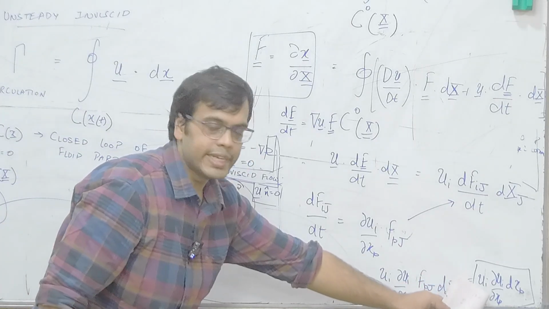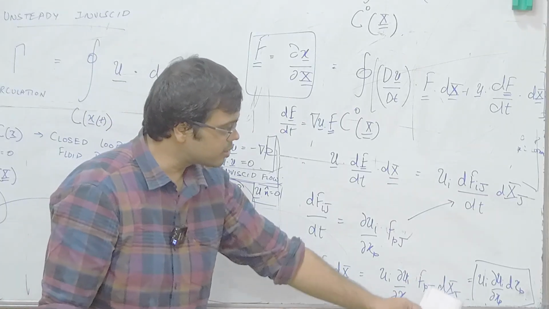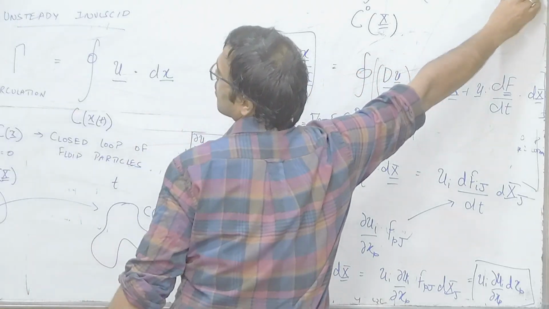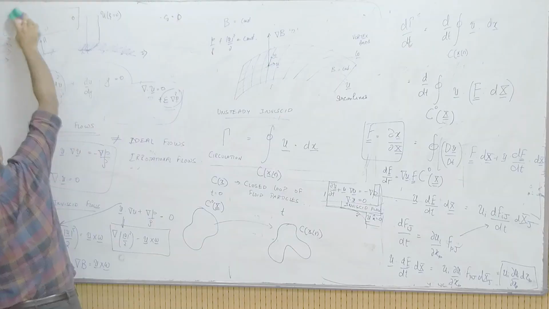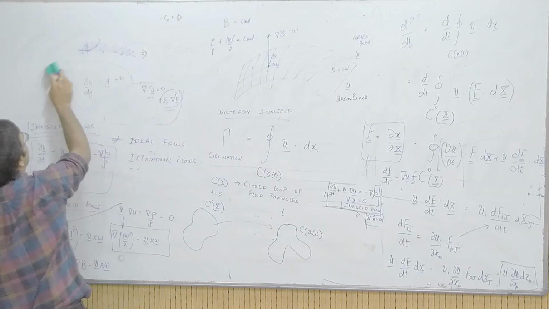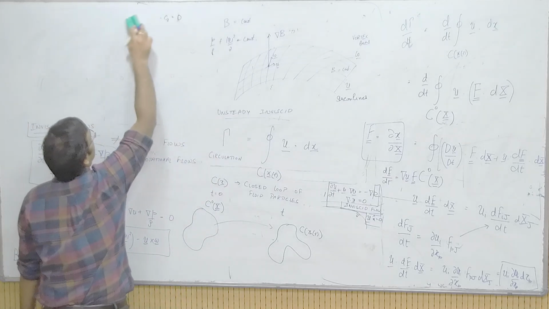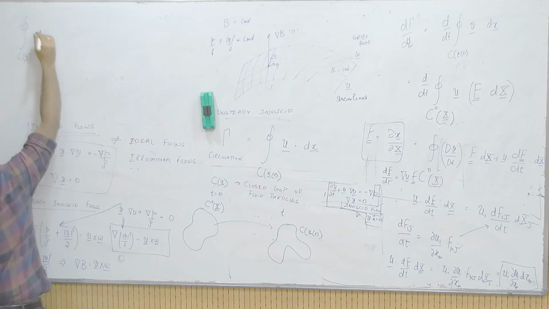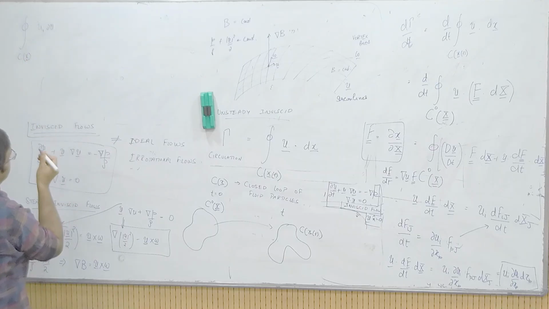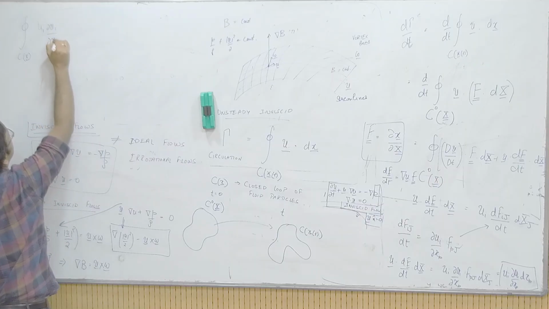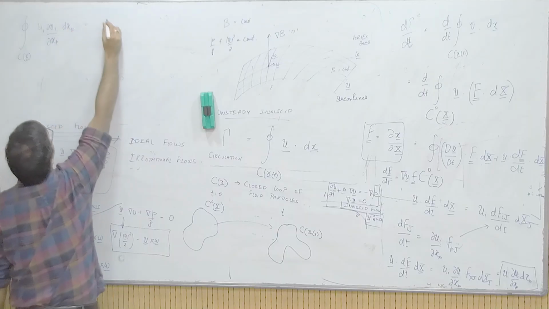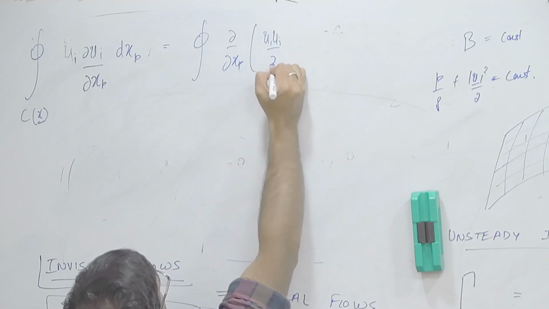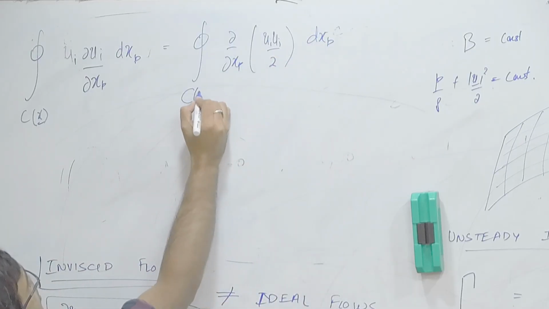And now if this integration is done along a closed curve, what is this? u_i del u_i by del x_p dx_p is nothing but del by del x_p of u_i by 2 dx_p.